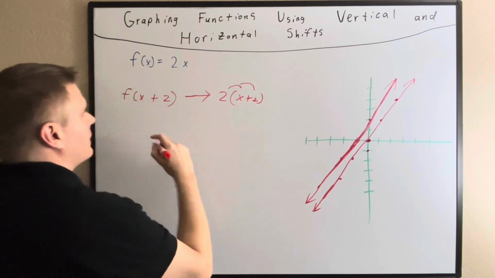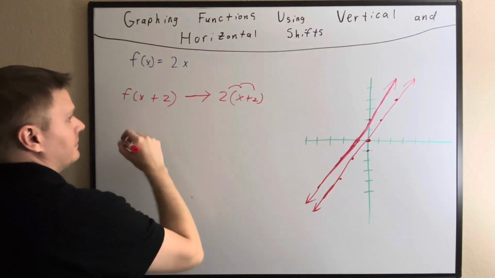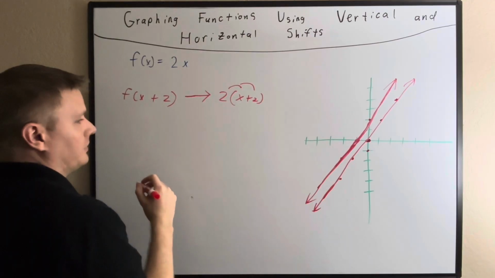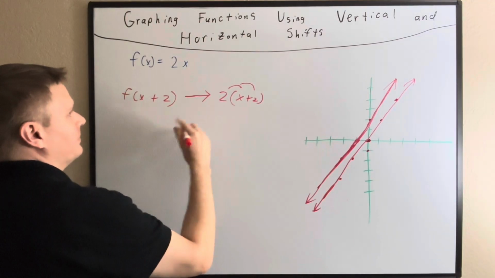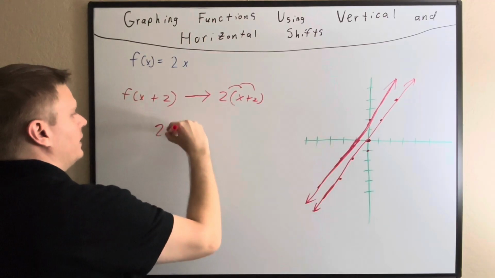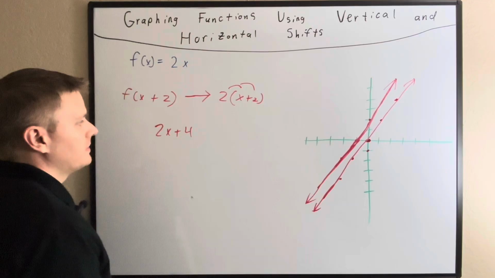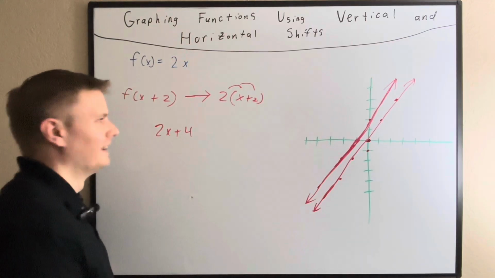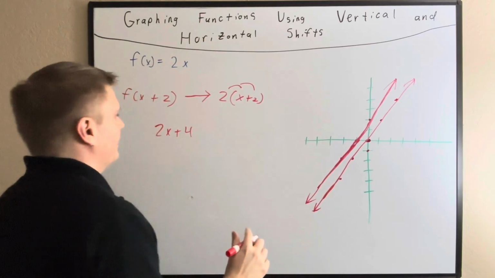So f of x plus 2, which is different from f of x plus 2 outside, would be 2x plus 4, which is also just a shift up, right?